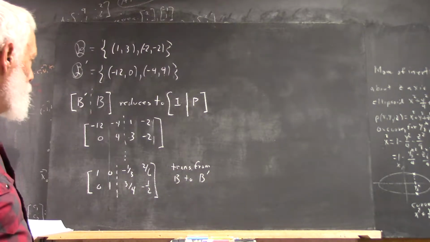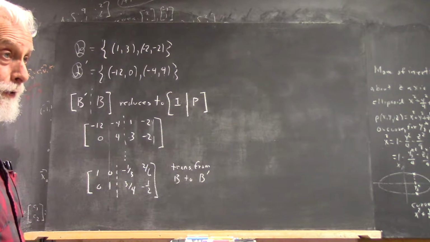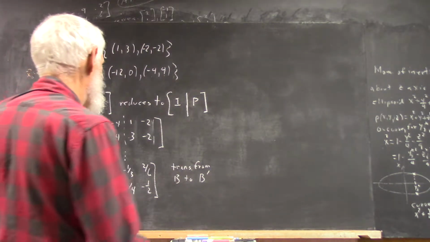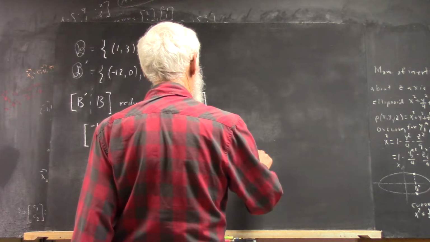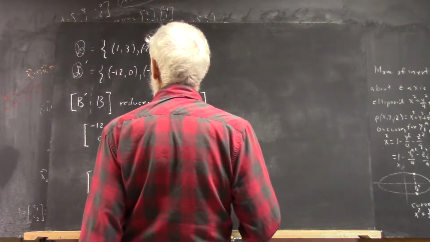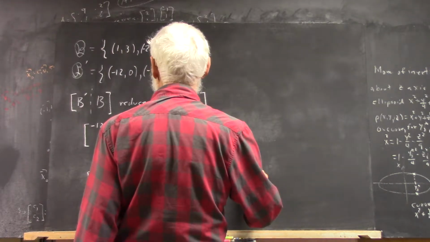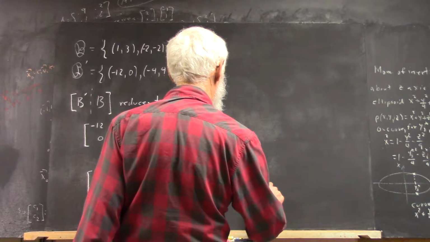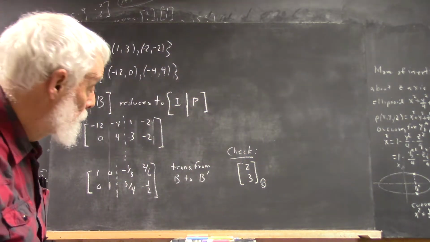Okay. So here's a transition from B to B prime. So we can already check this. Let's just check the vector 2, 3 in B. What does that mean?